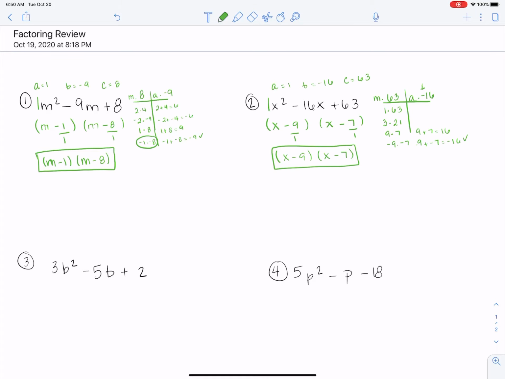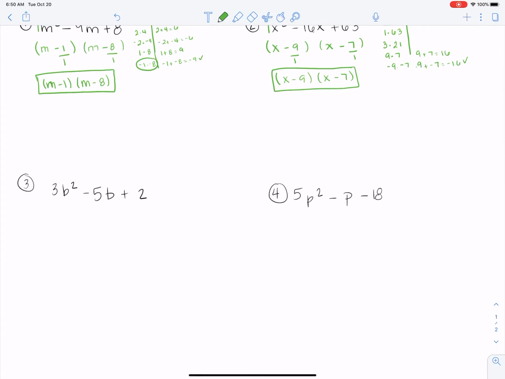Okay, example 3. A is 3, B is negative 5, C is 2. When you build your multiply-add charts, we're going to multiply to A times C. 3 times 2 is 6, and B is negative 5.